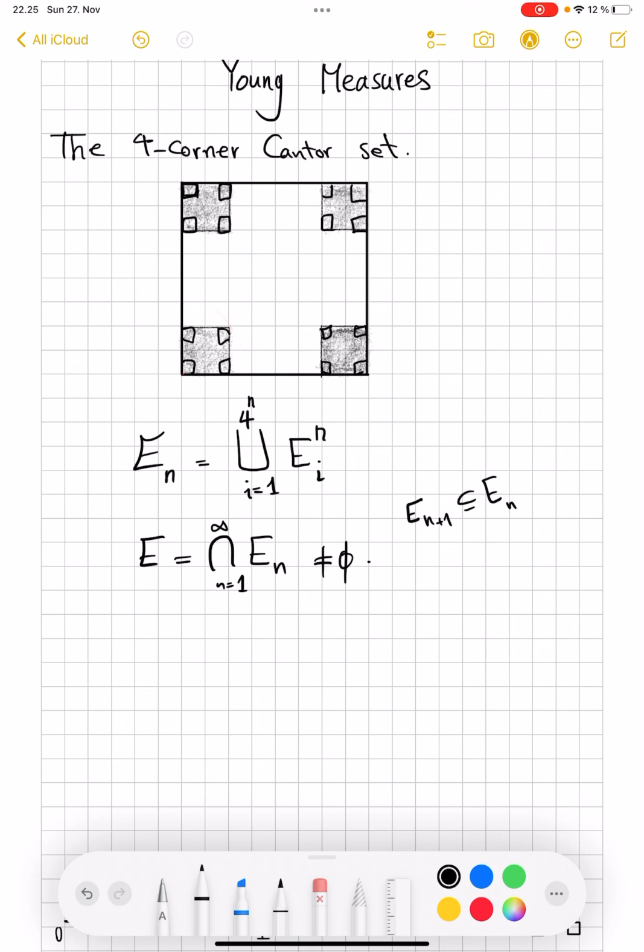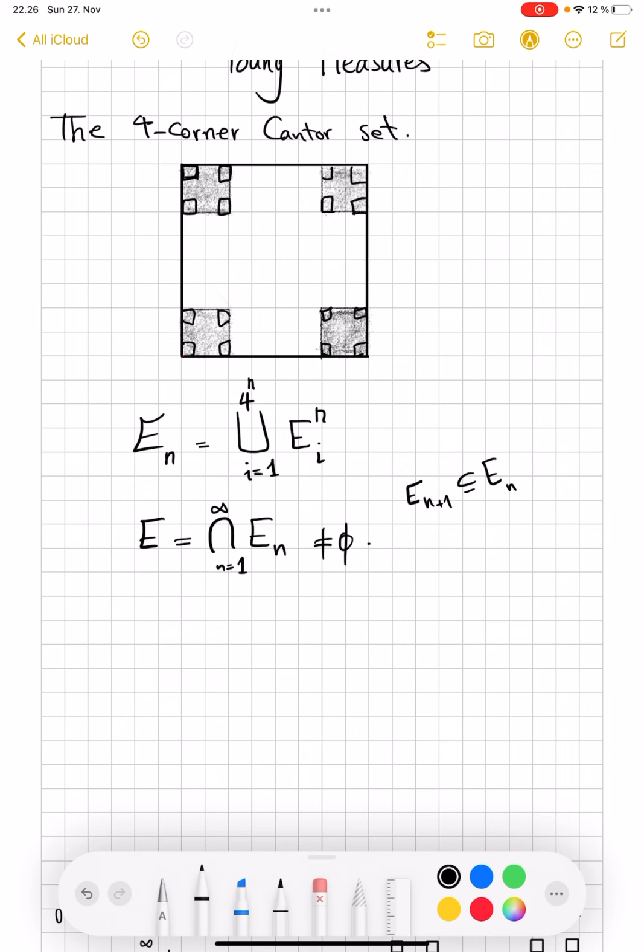Every point is a limit point because there is a sequence of squares converging to them. And the set is, of course, closed, and because it's bounded, it's also compact. But as we will see, things become more interesting simply because we are in dimension 2 and not 1.